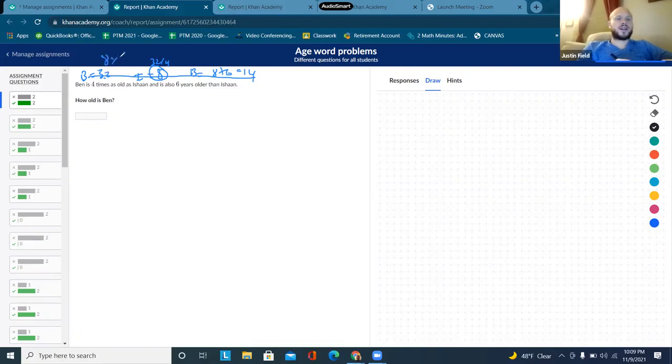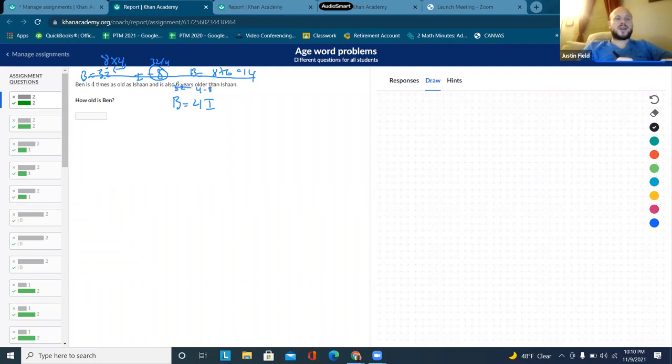Is it not true that 8 times 4 equals 32? I hope you're saying yes, that is correct. And for that reason, we can say B equals 4I, because we have to multiply Ishan's age by 4 to get Ben's age. Or we have to multiply 4 times 8 to get 32.